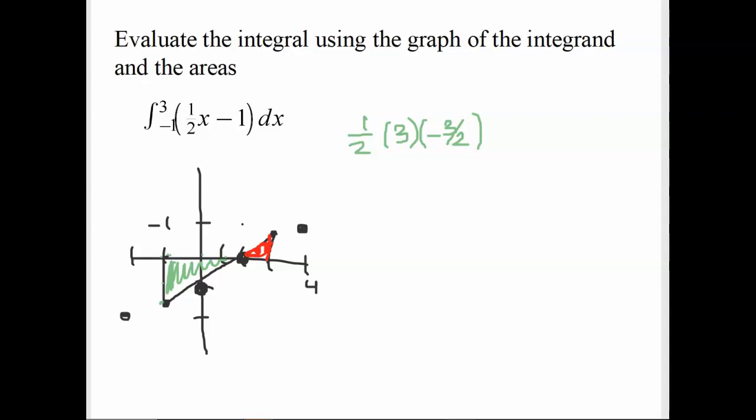So 1/2 times -3/2 is -9/4. The red triangle is 1/2, base 1, height 1/2, so it's +1/4. So the value of the integral is -9/4 plus 1/4, which is -8/4, or -2.